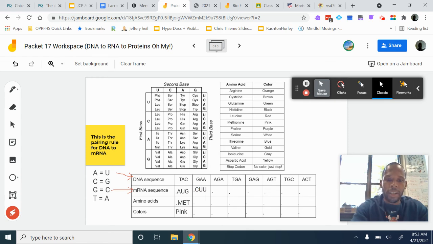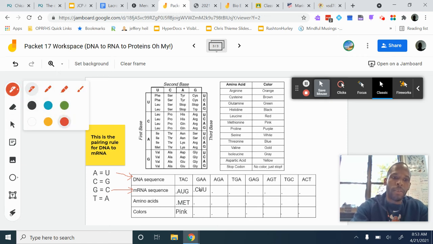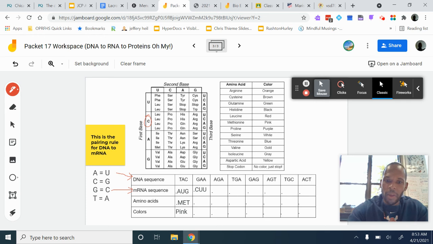So we got to go first base, second base, third base. So first base is C, and then we got to go. So we know it's going to be in this row right here.